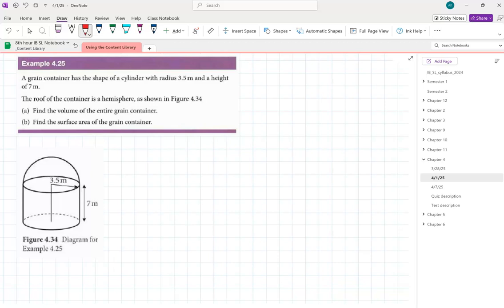So if we want the volume in total, that's just going to be the volume of the hemisphere plus the volume of the cylinder, right? So I go and look up my formulas. The volume for the hemisphere is 2/3 pi r cubed.